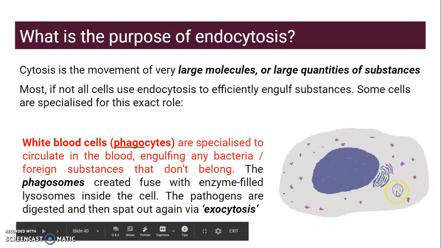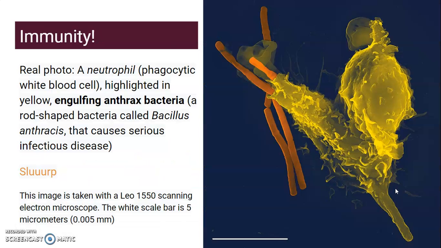It's a good one. Oh well. Maybe it'll work in the slides. It basically eats or drinks quantities of something that are foreign and then uses its lysosomes, which are these kind of bubbles of enzymes, to dissolve those particles and then spit them out again if they're harmless.